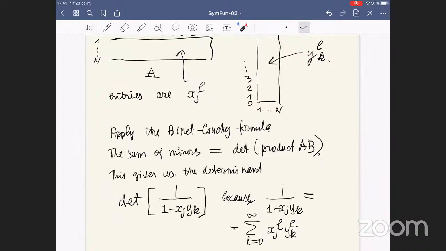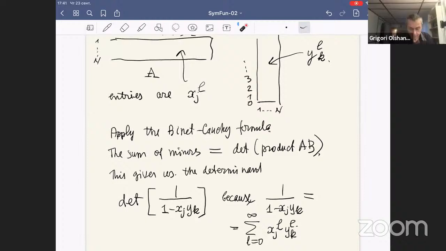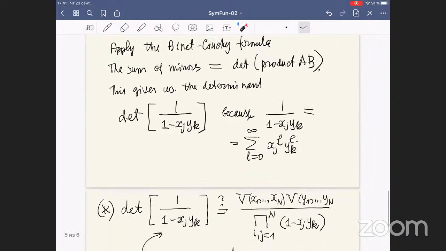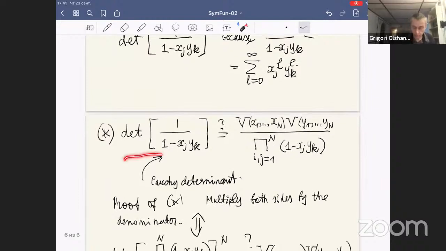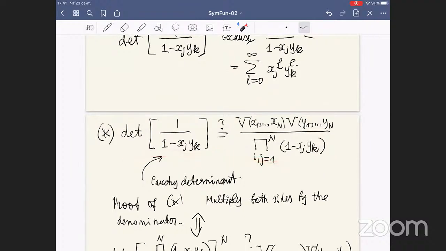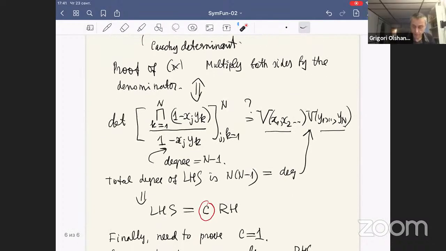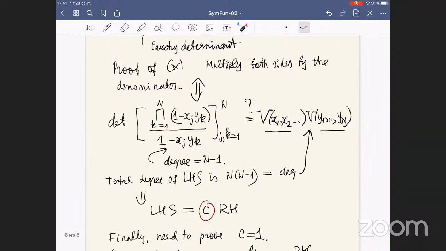This one? Yeah. In the denominator, the subscript is i, j equals 1 to n. It's j, k. Sorry. Is it?